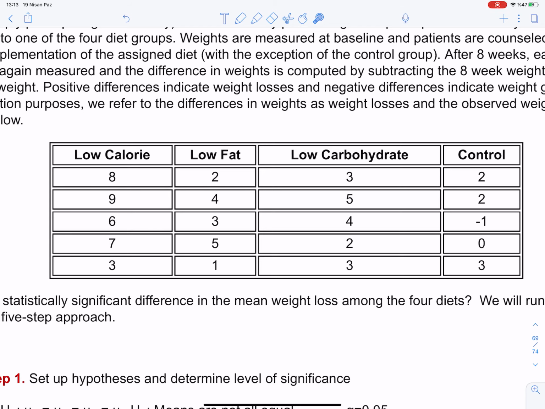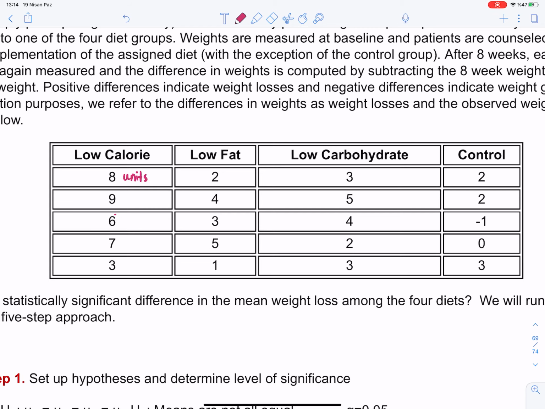This could be 8 kilograms, 8 pounds, or some other measurement, so let's call it 8 units. The second person has lost 9 units in 8 weeks, and the others 6, 7, and 3. So using a low calorie diet for 5 people seems to be successful for losing weight. Since the values are positive, it means they are losing weight.